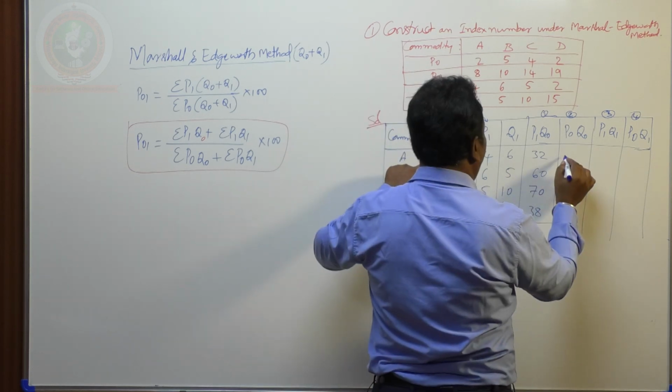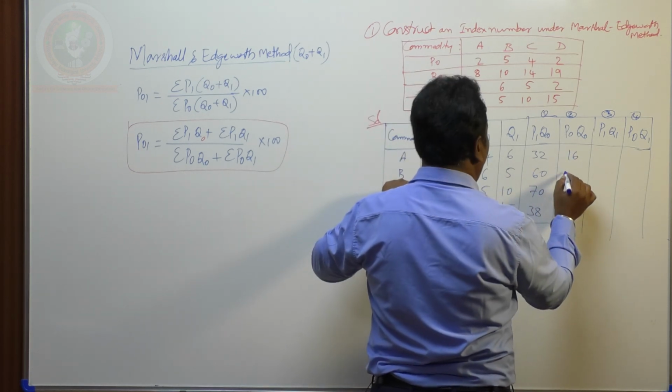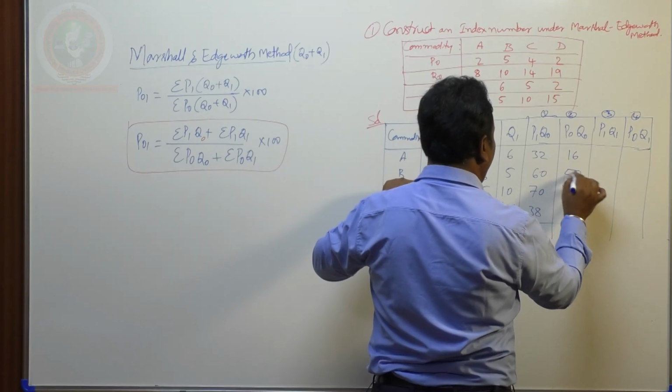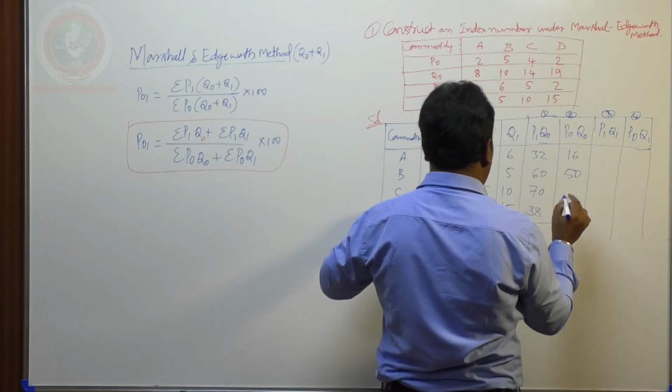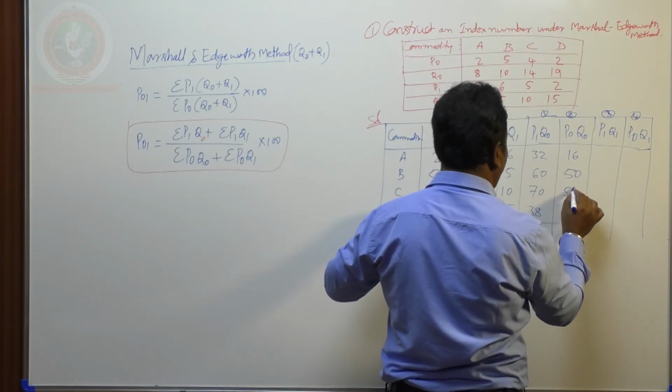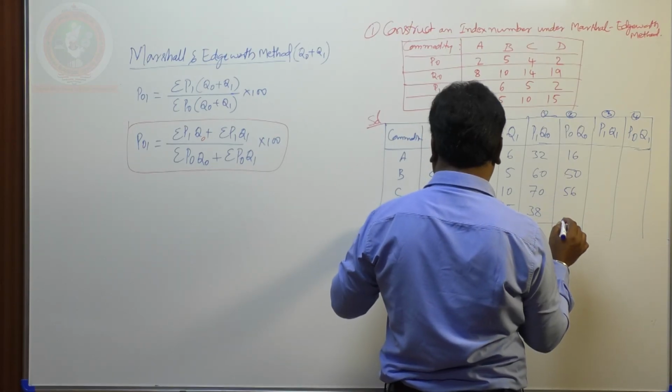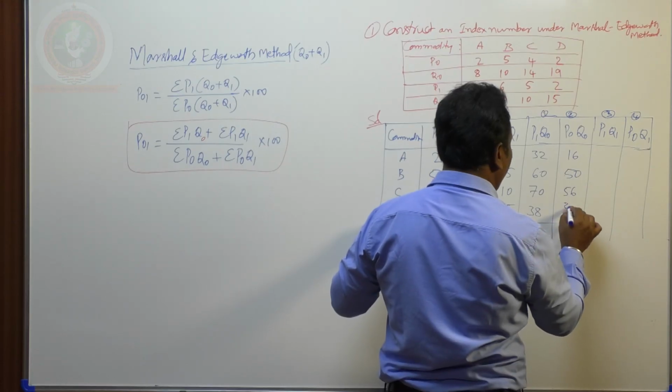Then P0 Q0, the second one: 2 into 8 is 16, 5 into 10 is 50, 4 into 14 is 56, 2 into 19 is 38.